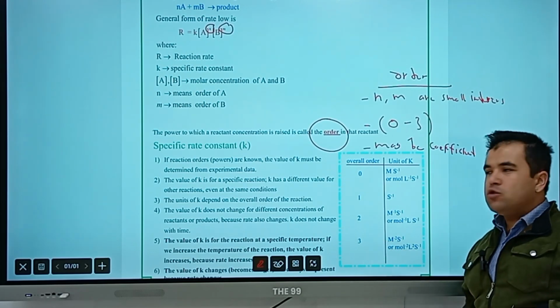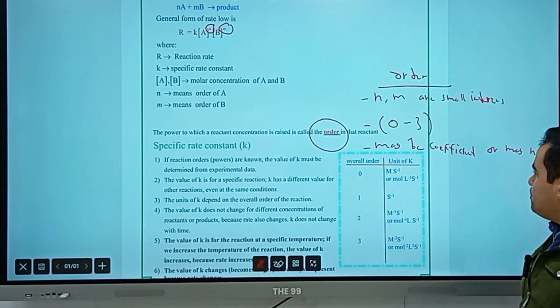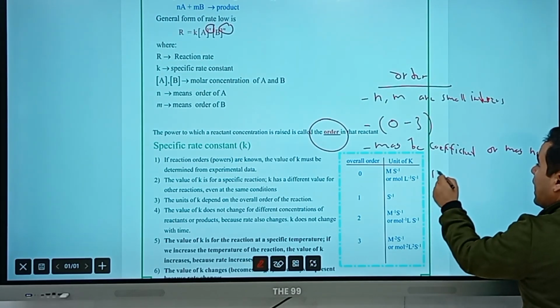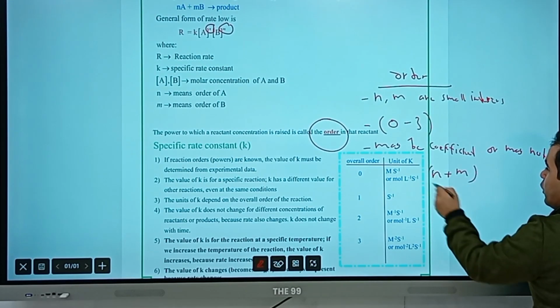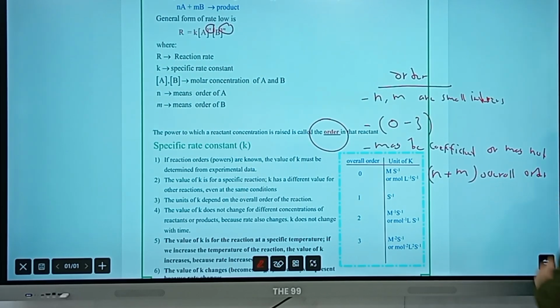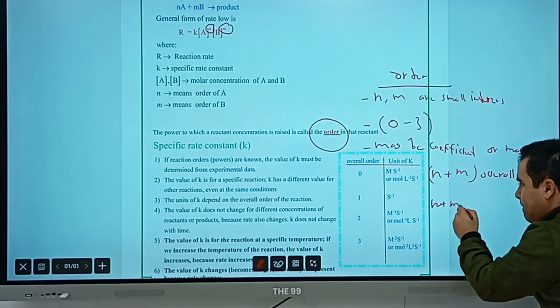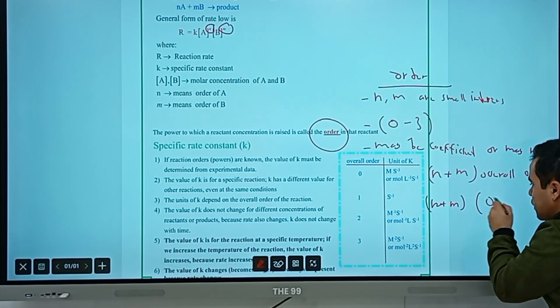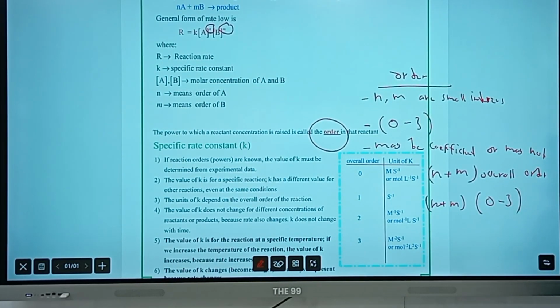In some cases, we will find the order of the reaction. N plus M we call the overall order of the reaction, guys. Overall order, N plus M: the range must be 0 to 3. In our curriculum, the range of this summation should also be between 0 and 3, not exceeding 3.